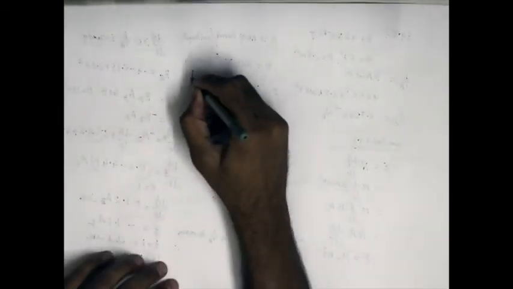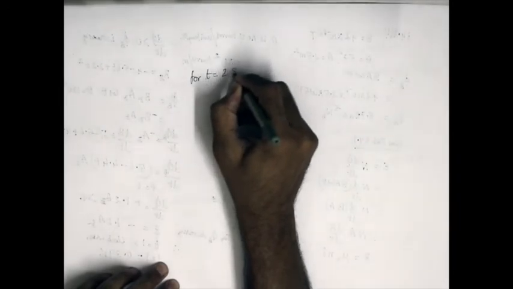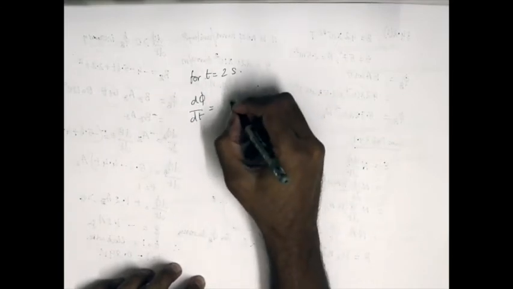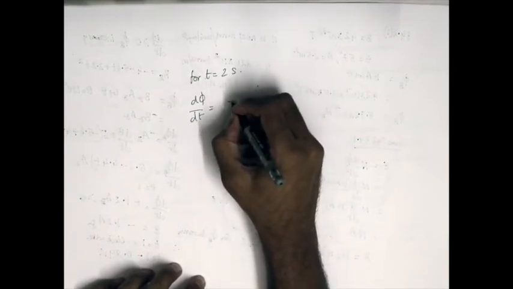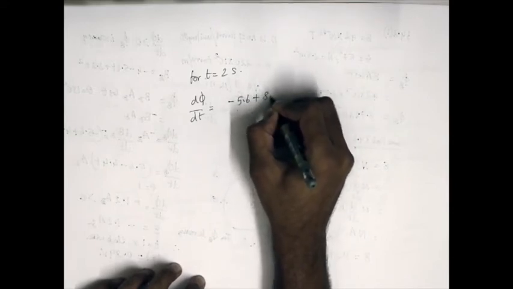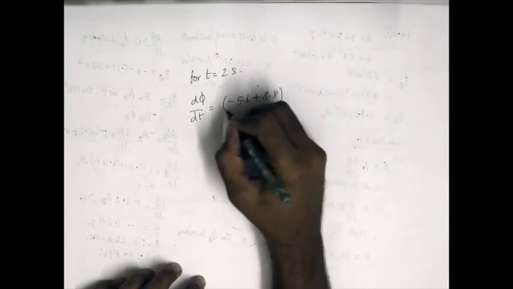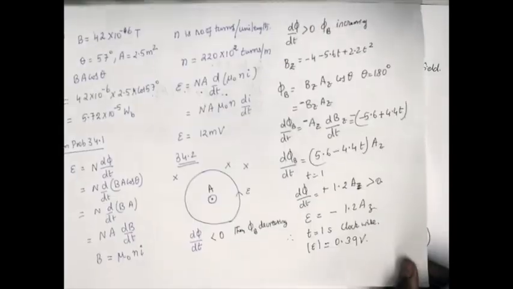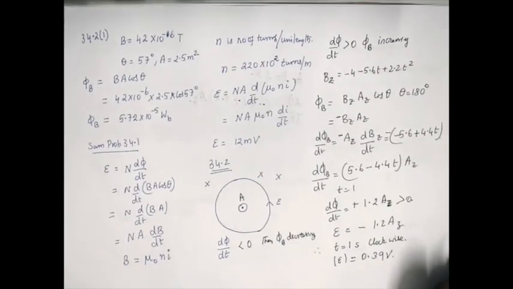So let me write this in a fresh piece of paper. So for t equal to 2 seconds, we have d phi by dt is equal to minus 5.6 minus 8.8 into A of Z. Am I correct with the sign?